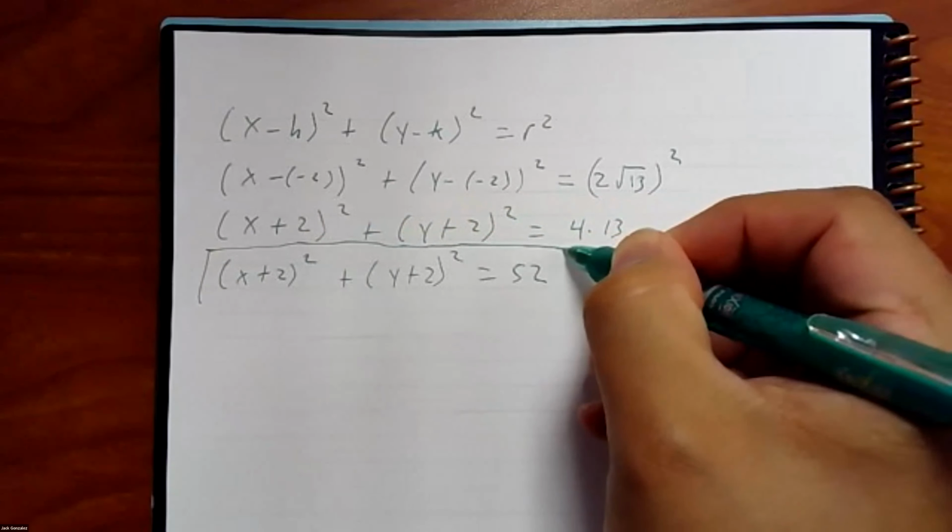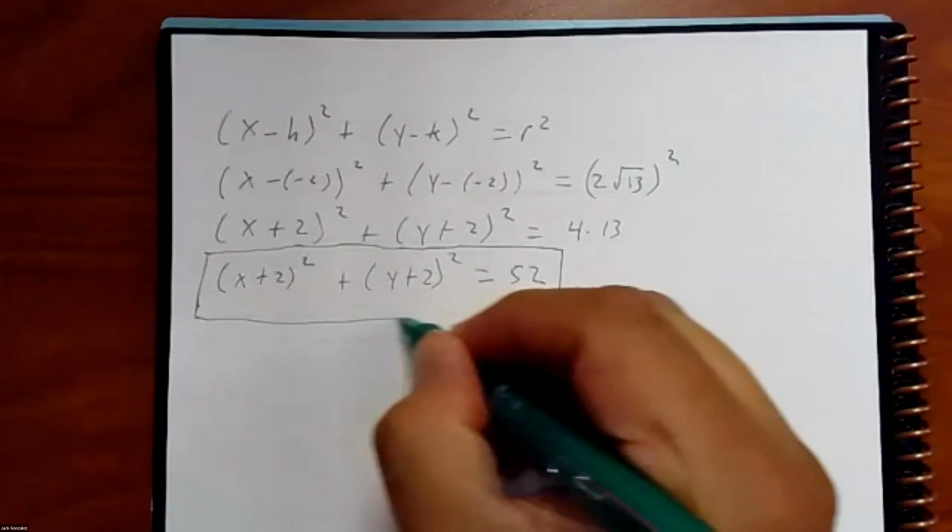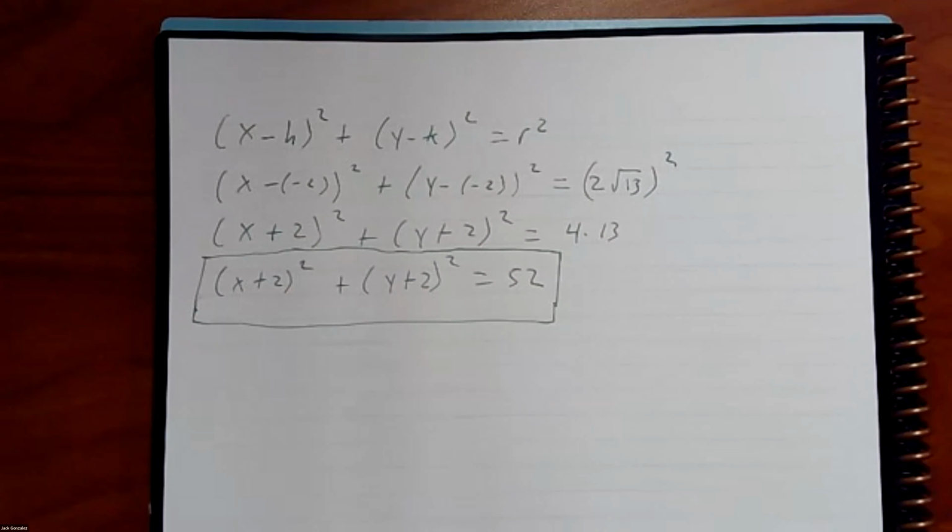This is a little harder to do because it gives us very minimal information. The easiest one is when they give you a center and a radius, you're good to go. If they give you a center and a point, there's a little bit more work. If all they give you is the edges of a circle, a diameter, then there's a lot of work to do. It's kind of like when we were solving for lines and finding slope.